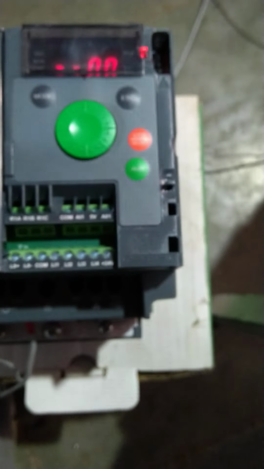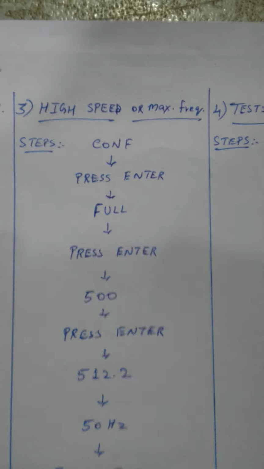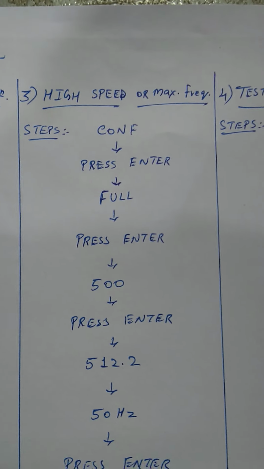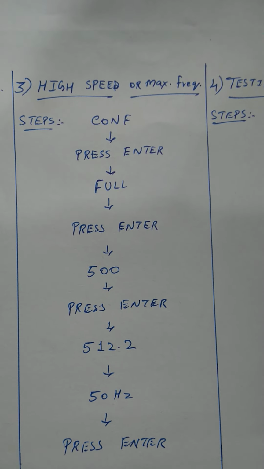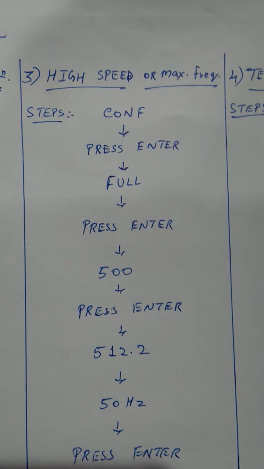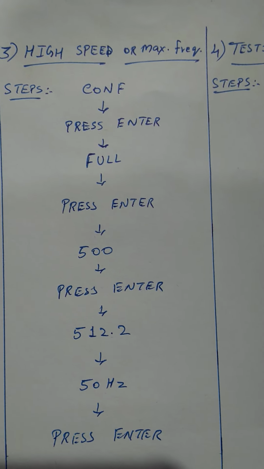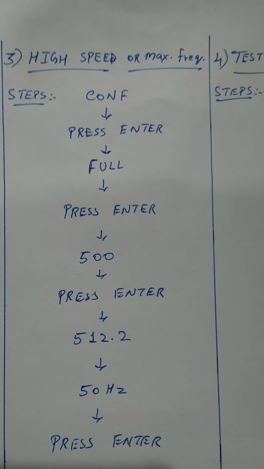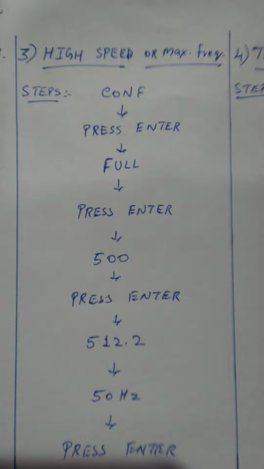Okay, the next parameter, the third parameter, is the high speed or maximum frequency of the cell. In India, we are using IEC, International Electrical Codes, which defines maximum frequency as 50 Hz. But in European countries, they use NEMA, which uses maximum frequency as 60 Hz. So accordingly, we will set the frequency.